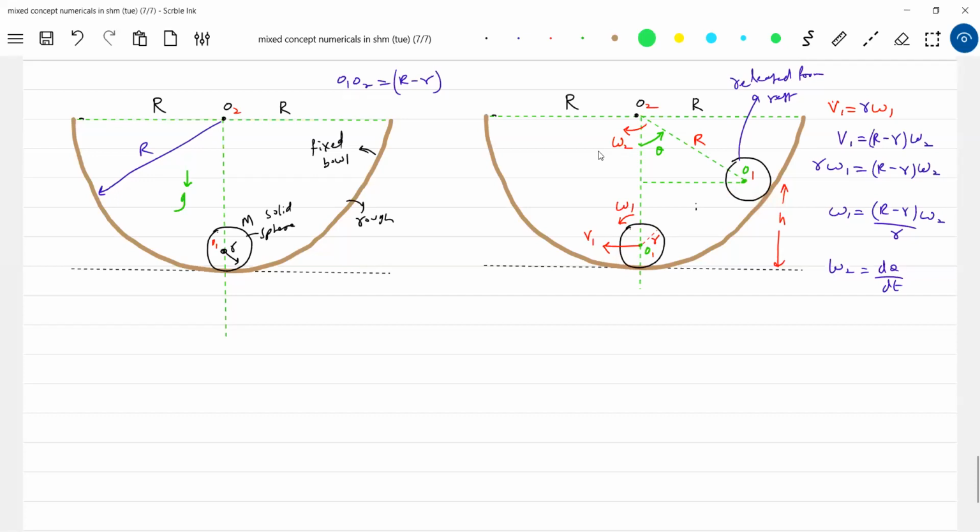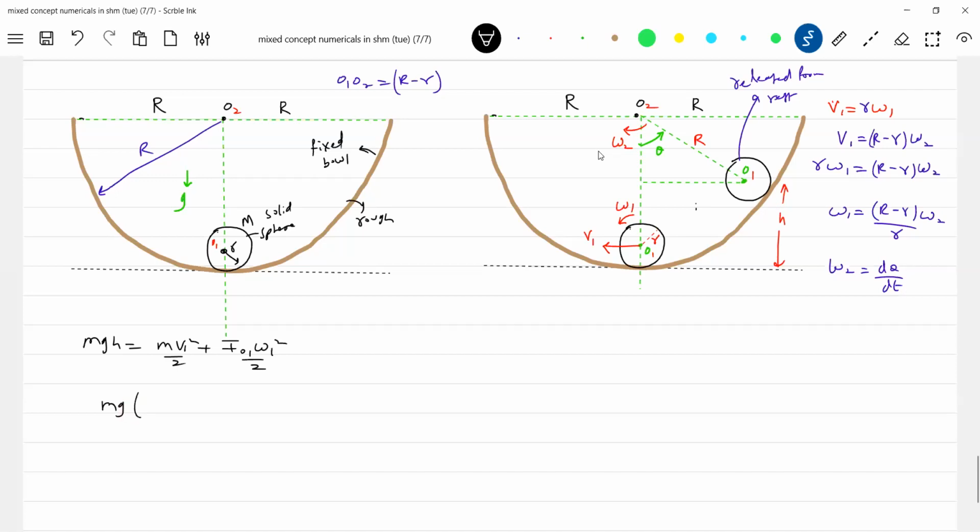That's the condition here. So let's go for the decrease in potential energy. mgh should be equal to mV1 square by 2 plus I about O1 omega 1 square by 2.